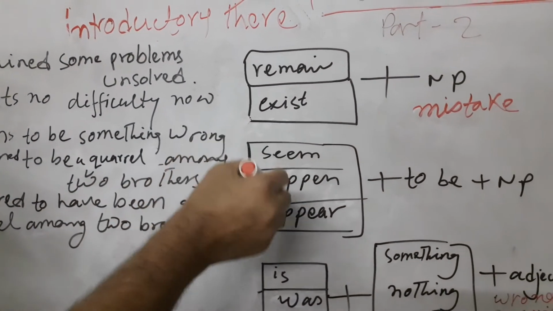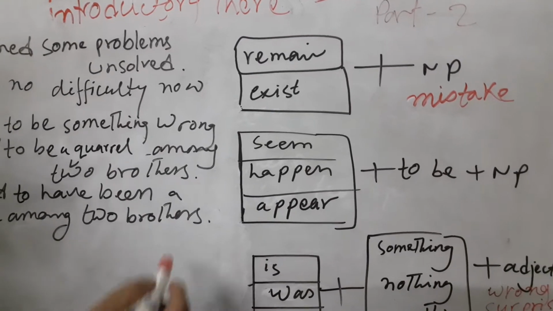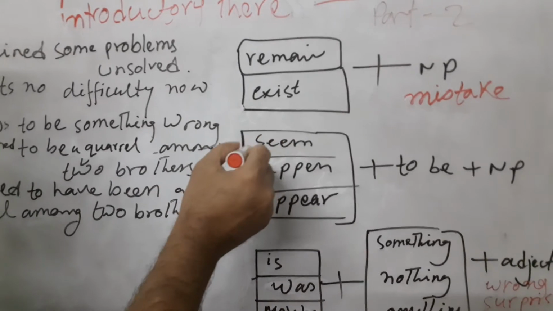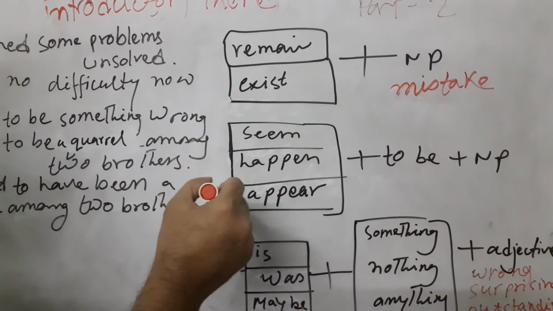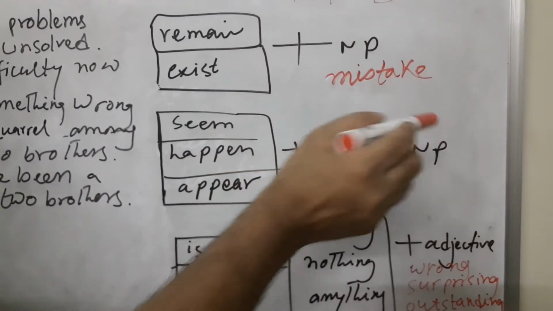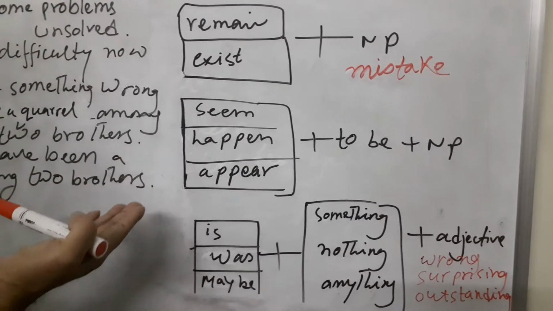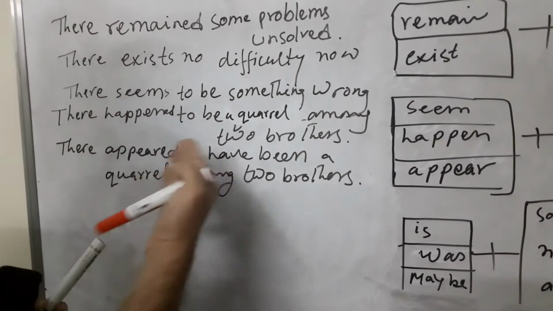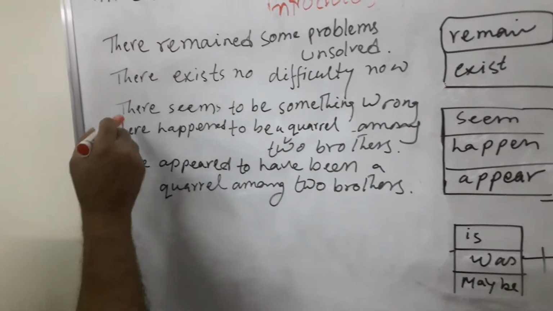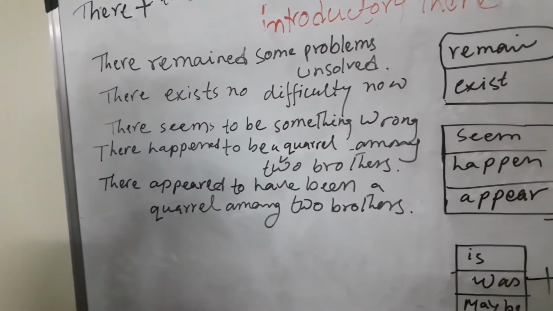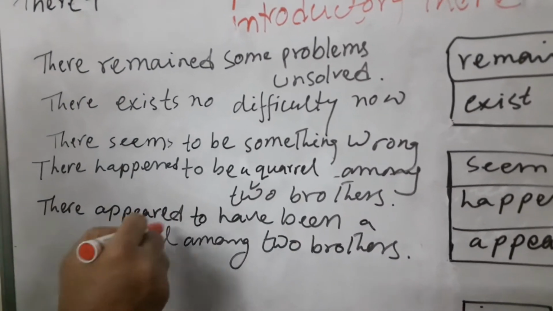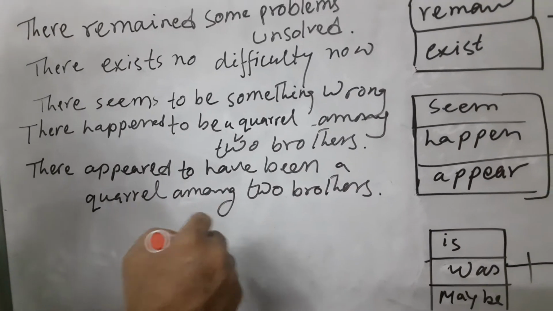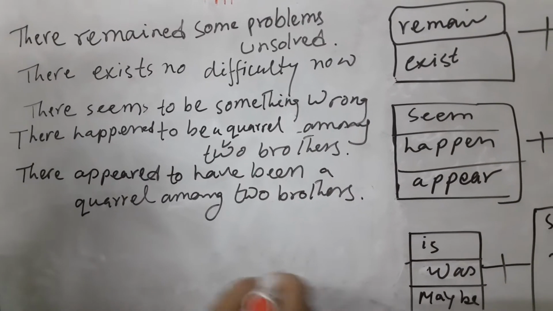And then come to the second structure. In the second structure, we can see there is seem, happen, appear plus to be plus NP. You can make sentences similar to these. There seems to be something wrong. There happened to be a quarrel among 2 brothers. There appeared to have been a quarrel among 2 brothers.